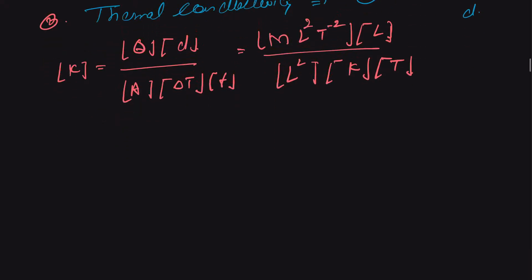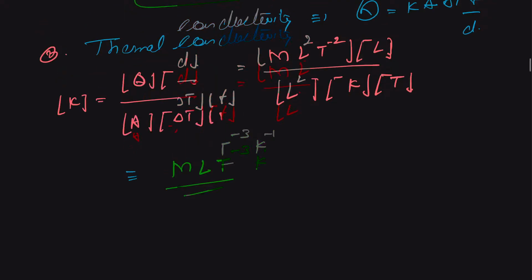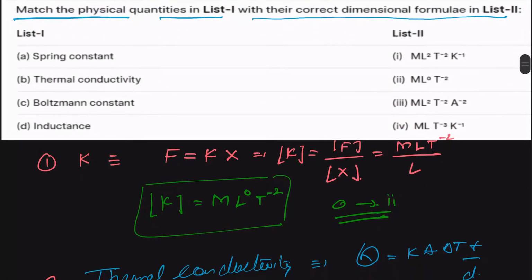So we get that this will be equal to MLT^-3K^-1. So B gives us 4th.